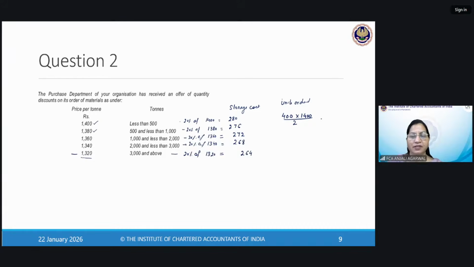In this period, when this 400 units will last, into 20% of that. So if you will calculate this, how much will it be? You can do the calculations.